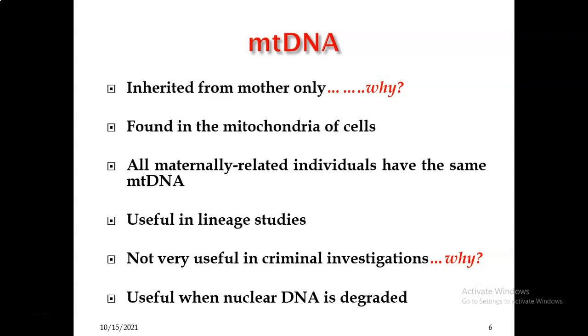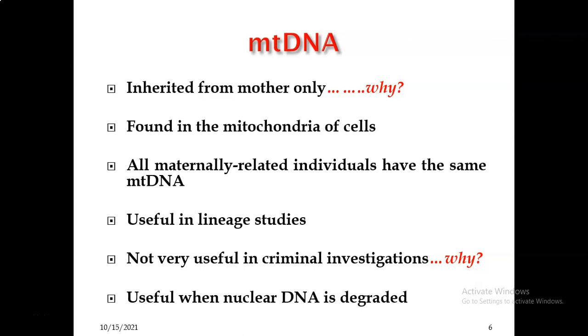And this is the case that we've already said, that mitochondrial DNA is the same for each and every one from the same maternal line. What does it mean? It means if you use mitochondrial DNA in criminal investigation, you can't pinpoint the crime scene evidence to a single individual. Why?